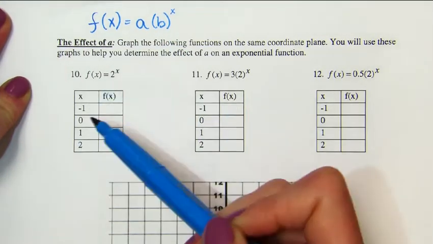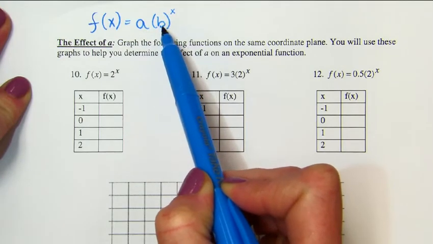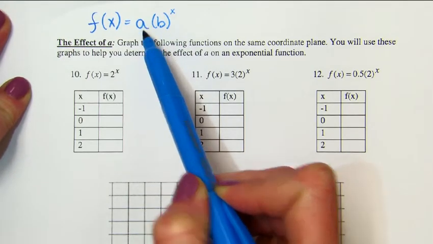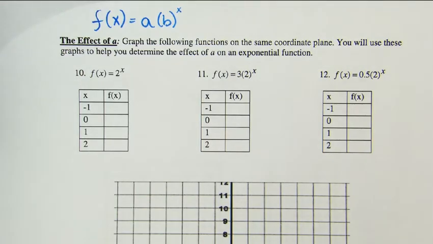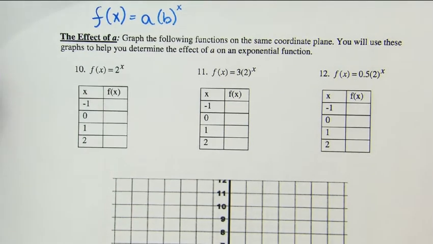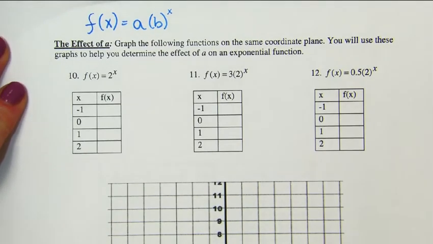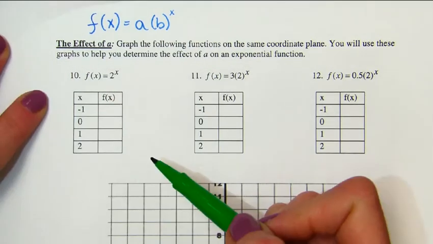From the last activity, we noticed that the b was the ratio, and the a seemed to have something, maybe a first term type thing happening there. However, now we're going to see how the a affects things, so we'll be able to see a little better about a as the first term and how that works. All right, so let's start with number 10.